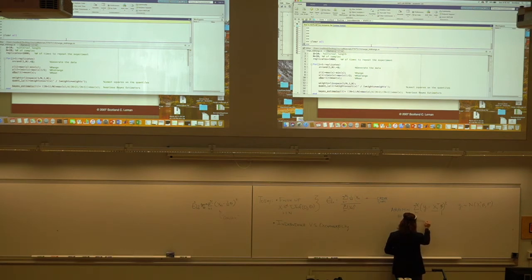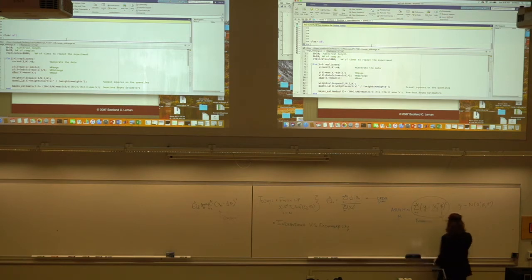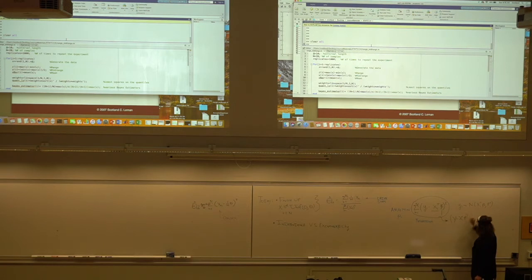I don't like to write it out this way. I like to write it a little bit differently. This thing right here, I could write out as (y minus x beta) transpose (y minus x beta).